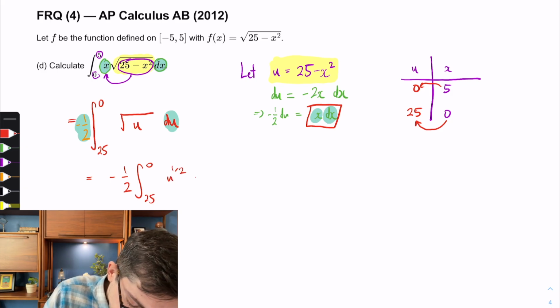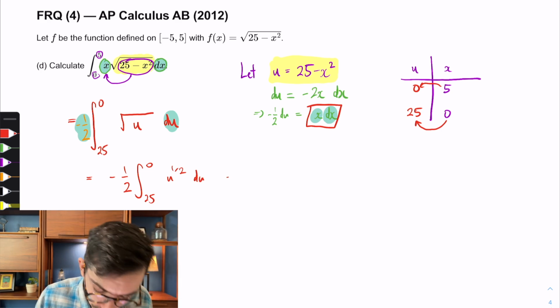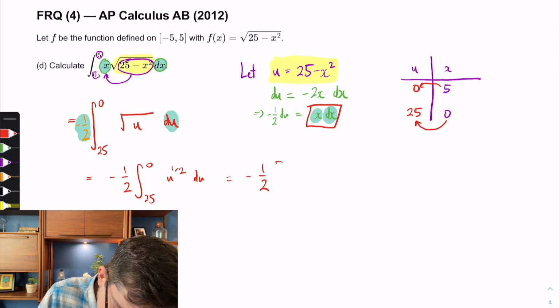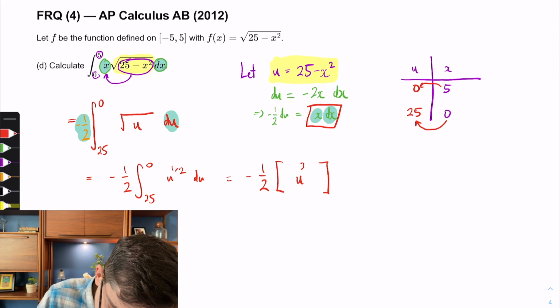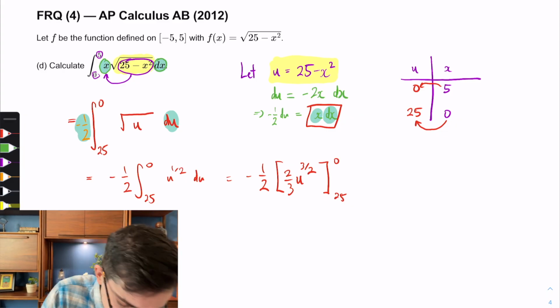Well, just to really spell it out, that square root u is the 1/2 power. So I'll get -1/2. Let's reverse the power rule. So I'll increase the power by 1 and divide by that new power. 25 up to 0. I'll have some nice cancellation occurring there.